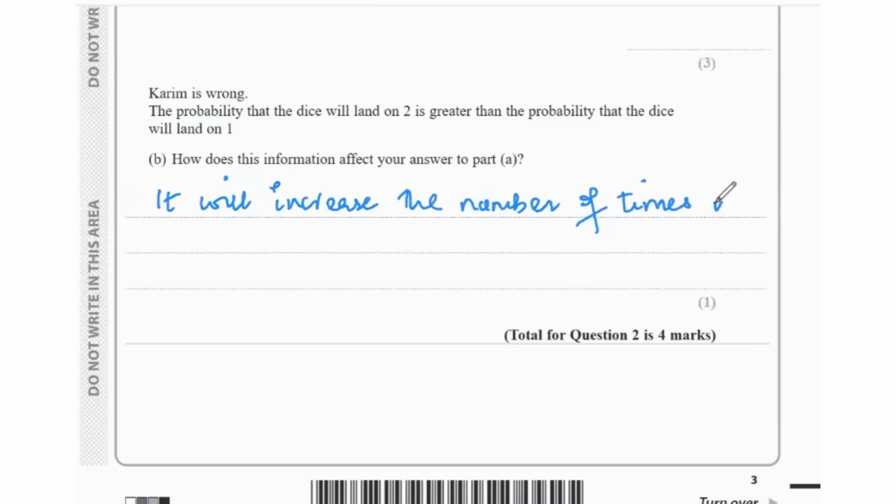So it will increase the number of times we get a 2 on the dice.